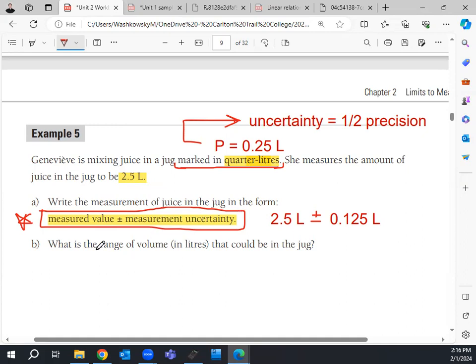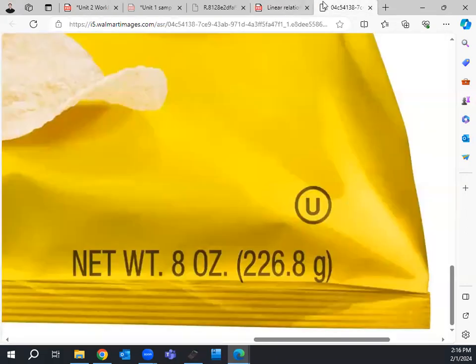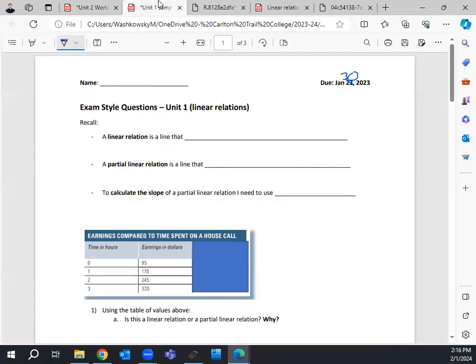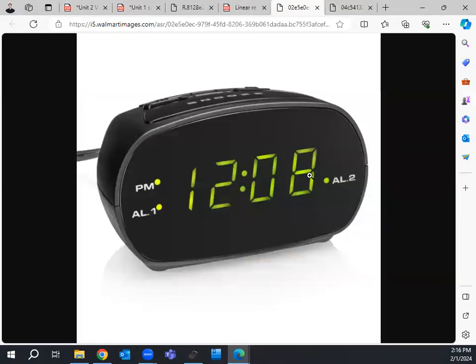Now, the next thing it asks us is, what is the range of volumes? So if you remember with our lovely little digital clock here, this goes up to minutes, right? But this could be 12 minutes, and there could be up to 59 seconds in there.